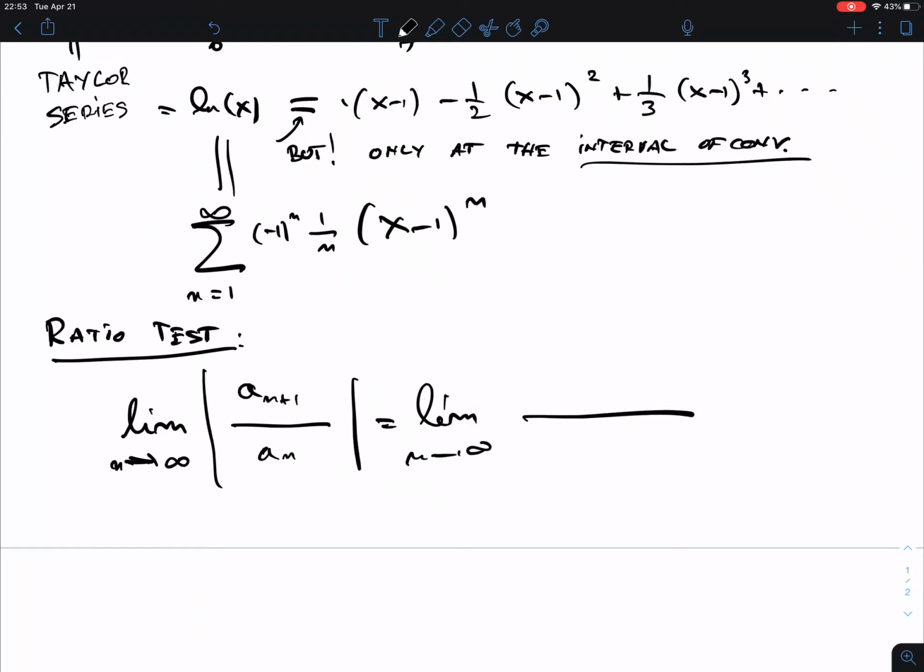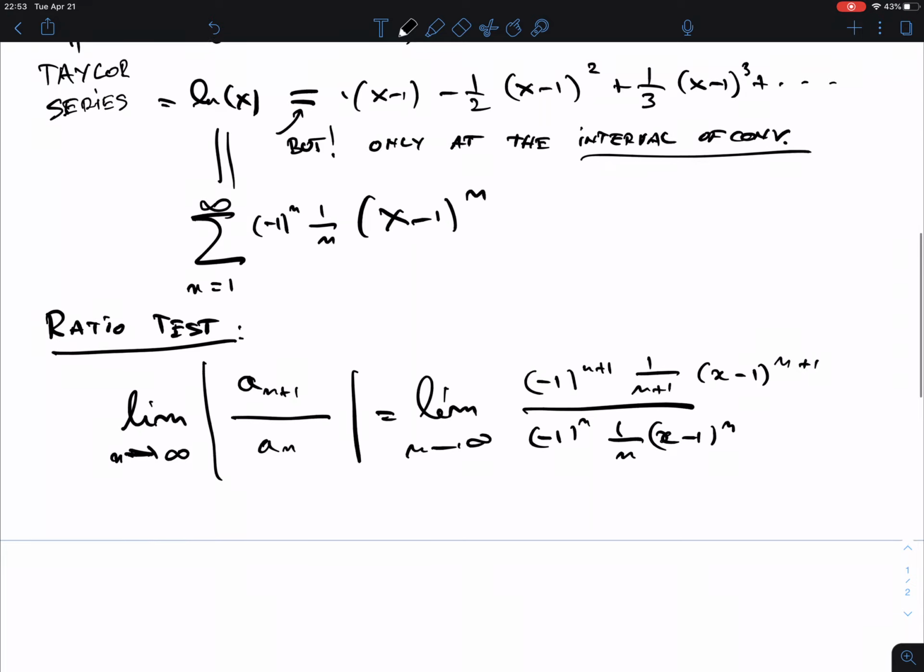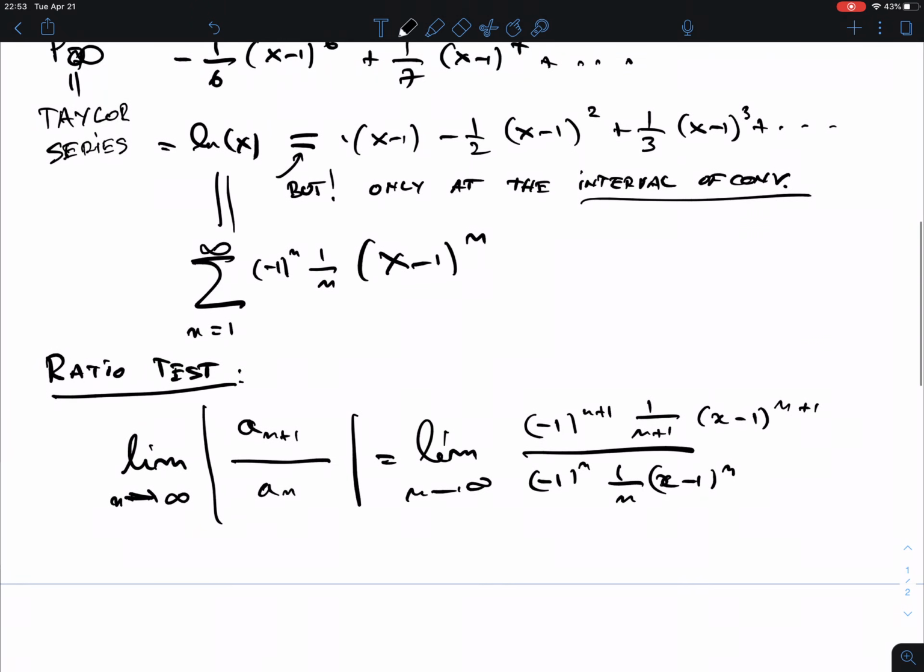So let's see. We have here, first of all, the absolute value. Let's take our time. So this is what we would get if we plug in an, and so an plus 1 would be the same thing, but everywhere n is now replaced by n plus 1. Make sure that you understand how this works, right? Some people start changing x's and stuff, but no, it's only the n's that become n plus 1s. And there's absolute values.